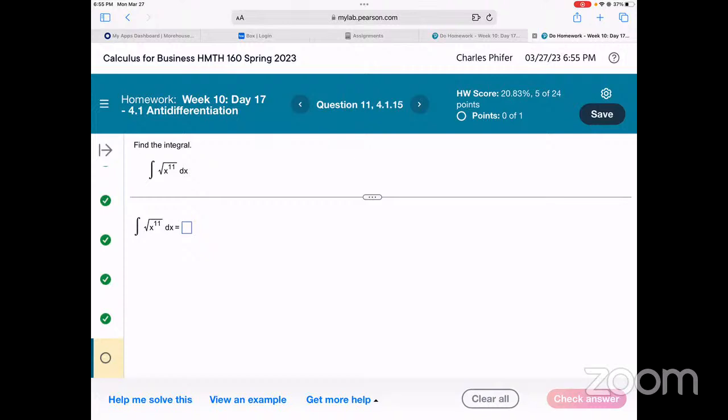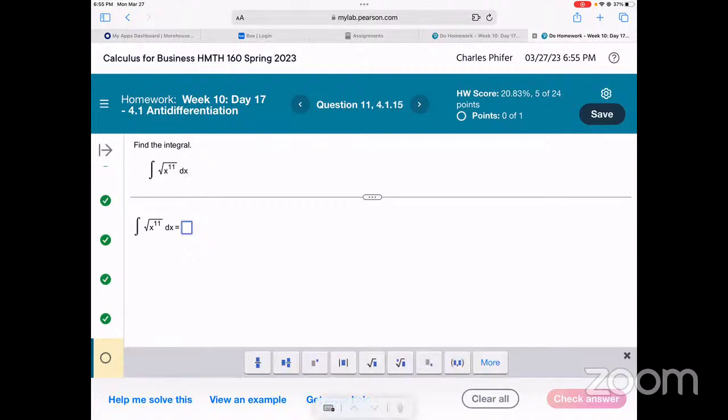So x to the power of 13 over 2 is going to become what? 2 times the square root of x to the power of 13 over 13. I think that's it. Because we have x to the power of 13 over 2 over 13 over 2, right? So then if you flip and multiply, and then we got to say plus a constant.